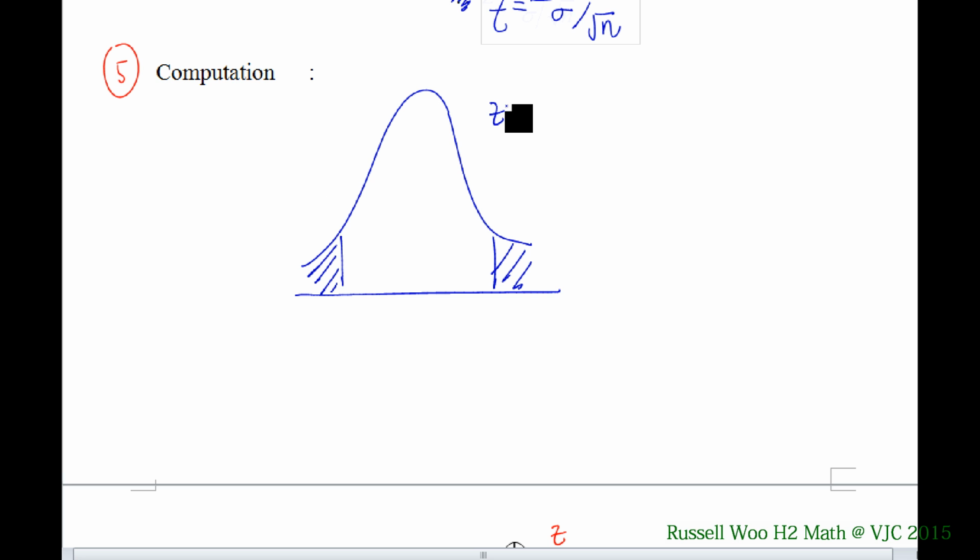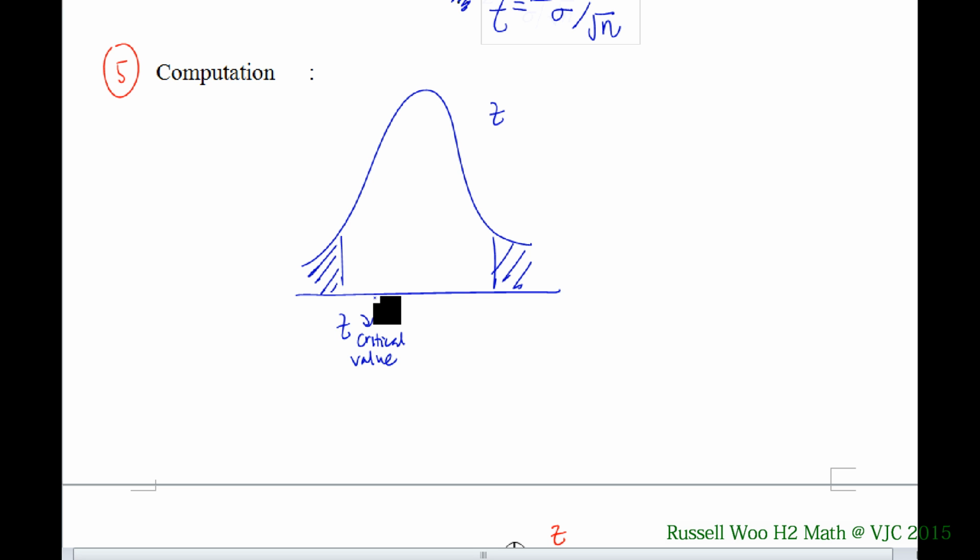For you to reject H naught, your Z must be here or here. But before that, are we able to calculate these two critical values of Z? We should be able to. How? From your level of significance.